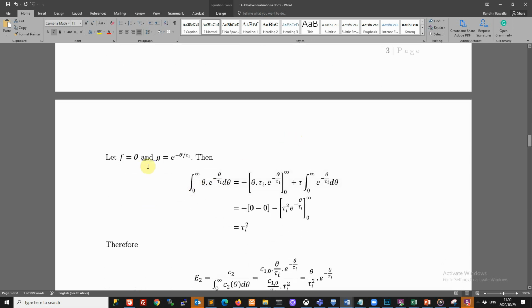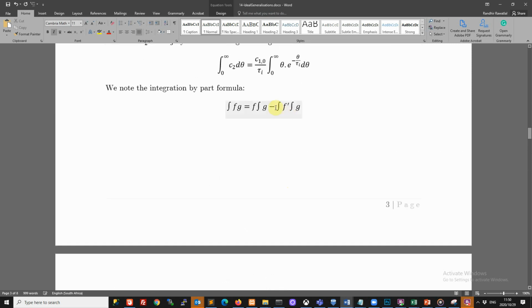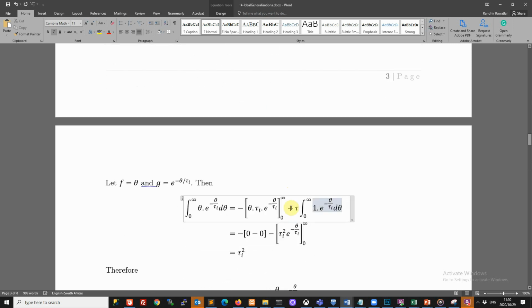So f we chose to be theta, so f dash is going to be 1, and let's write that in explicitly. And then the integral of g here is going to be minus tau I times e to the minus theta over tau I, and that minus is going to give us a plus, so it's plus tau I e to the minus theta over tau I. Okay, so that's one step.